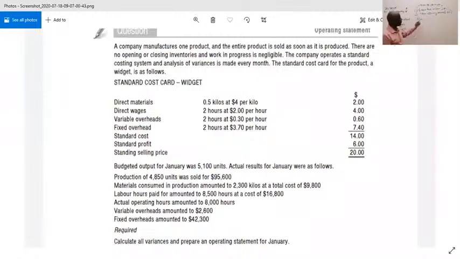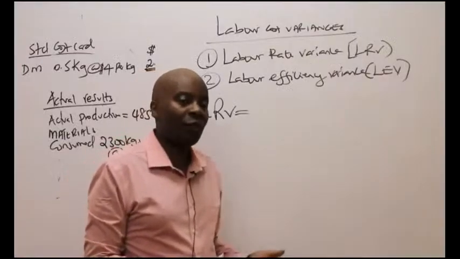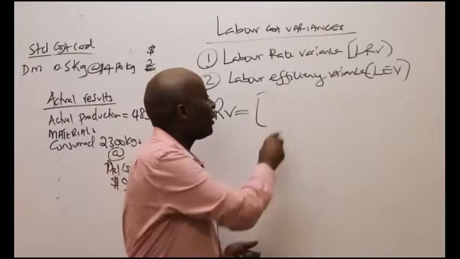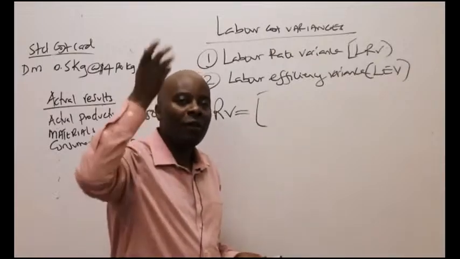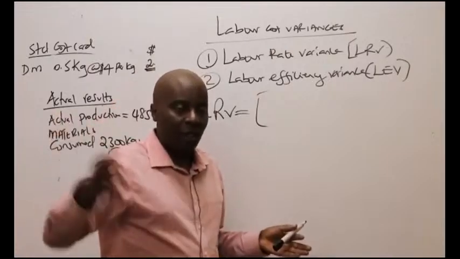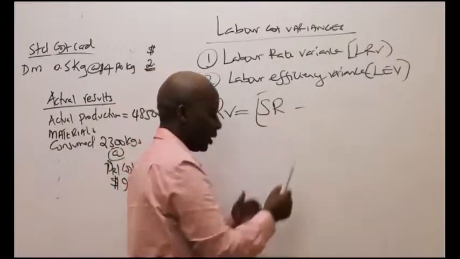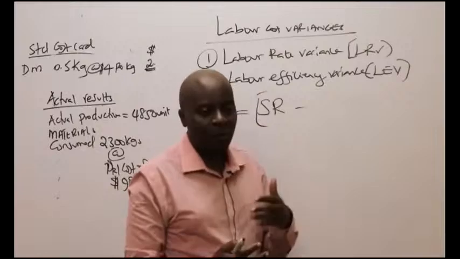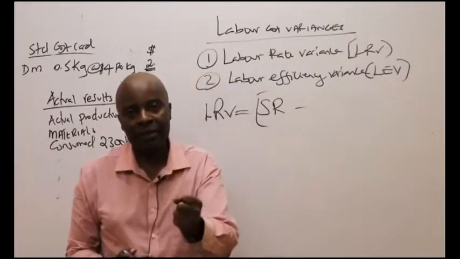It is the difference between two rates of paying workers. So we have these workers at the beginning of the year, ladies and gentlemen, as a college. We may have put a very high rate for them because we thought this year would be a good year. So we have the standard rate. But as the year progressed, boom, Corona hit us badly.